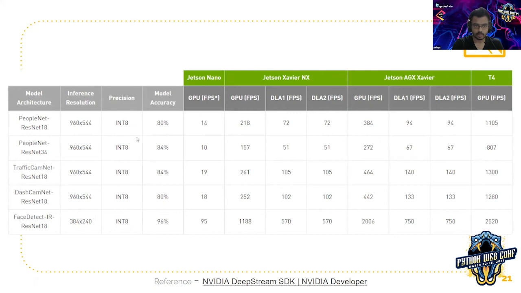So you can see the Jetson Nano with its GPU FPS. This is quite a high inference resolution, and the model accuracies are mentioned, and the FPS is also mentioned. And moving on to the right, you can see how it performs on different Jetson machines. And then finally on T4, it gives an immense FPS of over 800, over 1000, over 2000. So just imagine how many streams you can run using T4s.